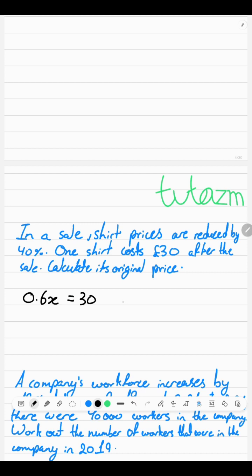We can just very simply solve that by doing X equals 30 divided by 0.6, and if we put that into our calculators, 30 divided by 0.6 gives us £50 as our final answer.